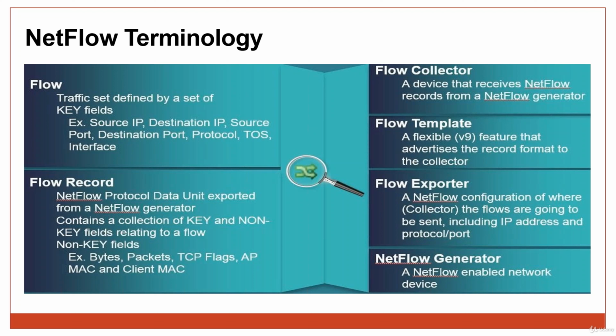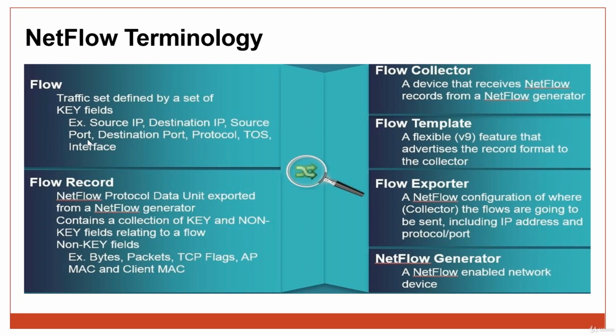What does key and non-key mean? We will understand that, but at this point we can think that there may be some mandatory things and some optional things that we want to collect or measure, correct? According to that, we can categorize these as key and non-key.